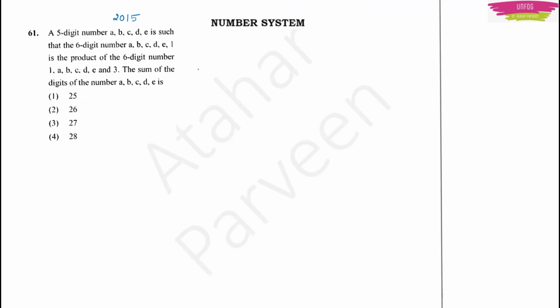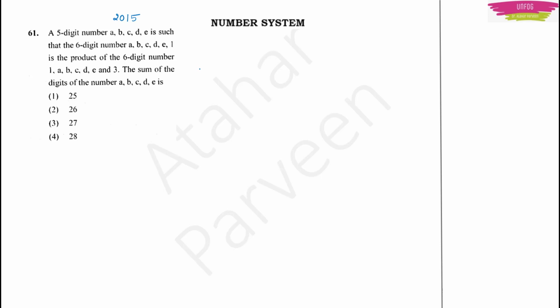So the first question in this session, the 61st question from the 2015 HSTR question paper, is: a 5-digit number ABCDE is such that the 6-digit number ABCDE1 is the product of the 6-digit number 1ABCDE and 3. The sum of the digits of the number ABCDE is.